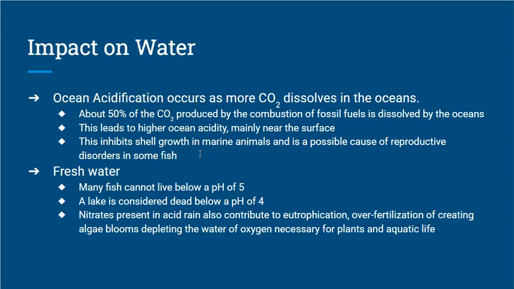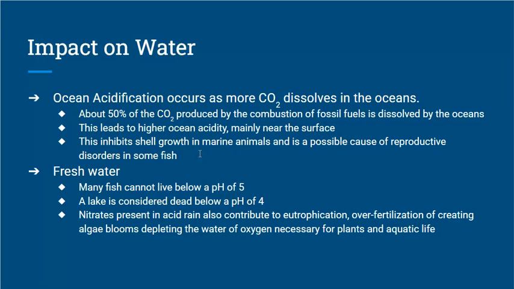The nitrates from acid rain or from our over-fertilization will cause what's called eutrophication. This is where we get so much essentially fertilizer in our waters that we have these algae blooms.